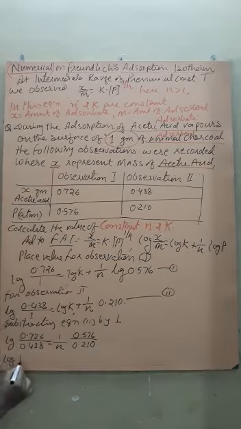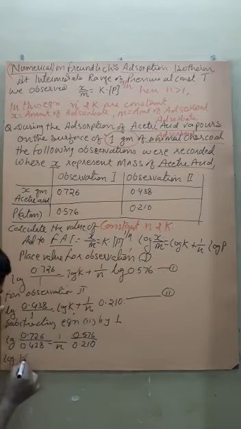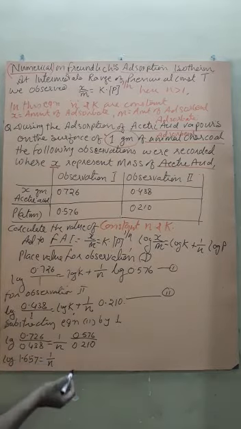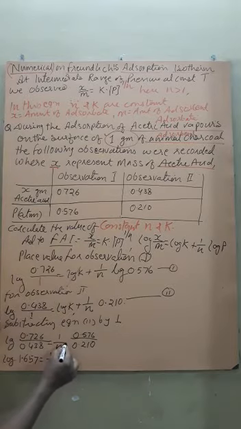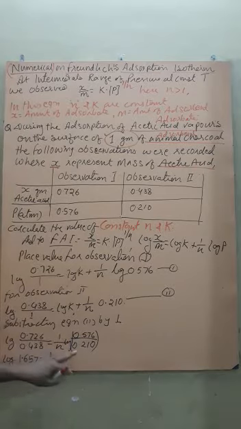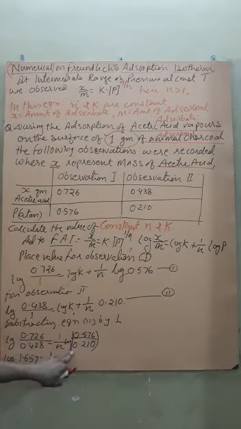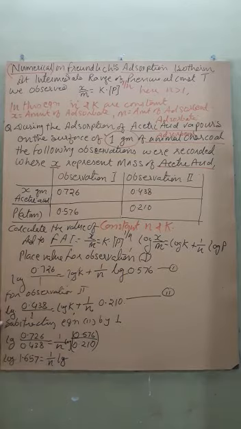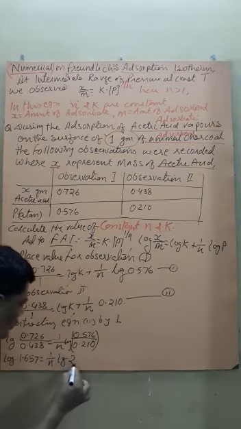On solving it, 1.657 is equal to 1 upon n, and here is the value of log, that is solving 0.576 upon 0.210, it gives log 2.742.